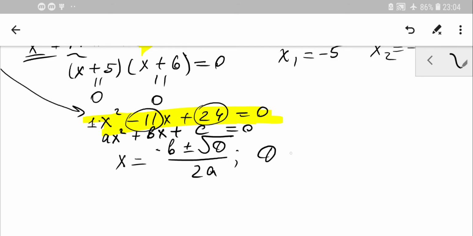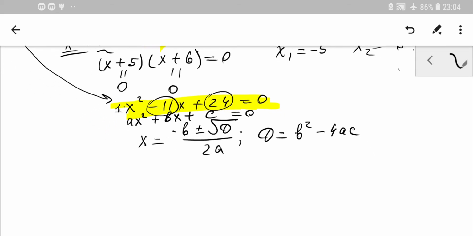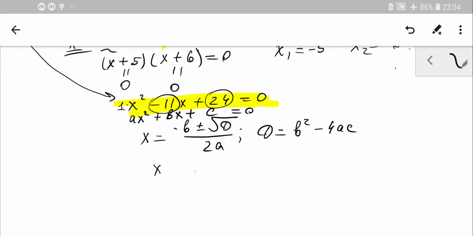The discriminant is equivalent to b squared minus 4ac. Just simply use that quadratic formula and try to solve it. We'll get minus b, which is minus 11, so it's positive 11, plus or minus the square root of b squared minus 4ac.